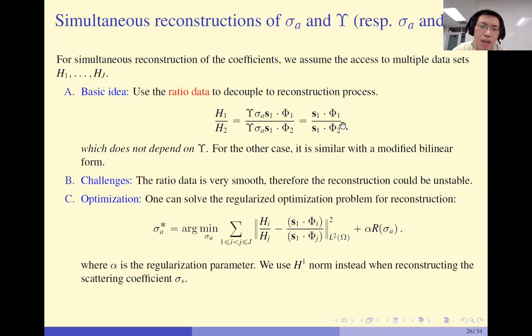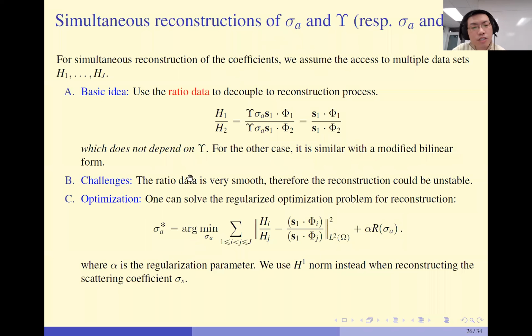Then the ratio data will become something related just to the solution. Basically, it's just the average of the solution ratio with another average of the solution. And using this kind of quantity, we try to reconstruct the coefficient first, then reconstruct the coordination coefficient.